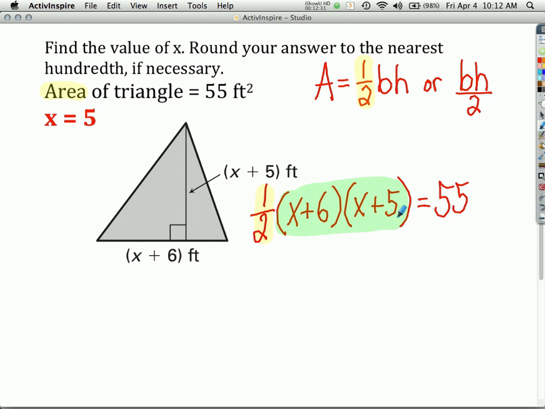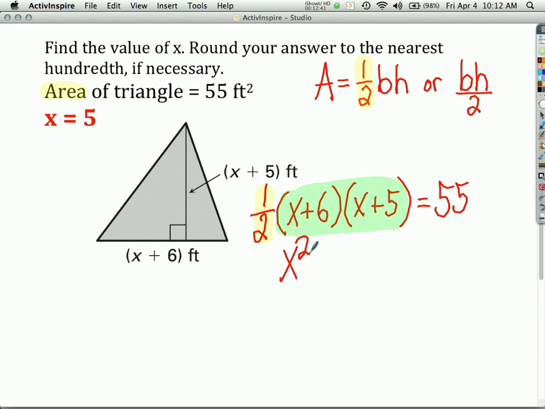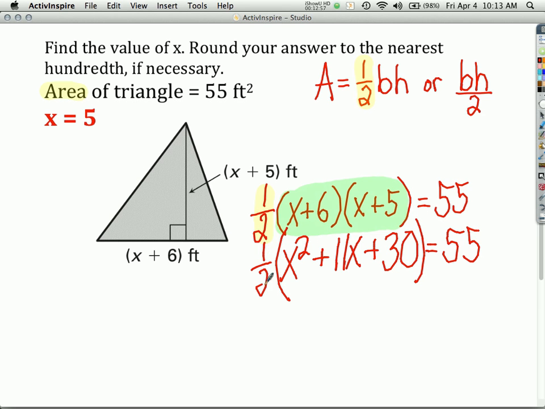In fact, you should be so good at it at this point that it should take you like 5 seconds. First terms, x squared. Outer is 5x, inner is 6x, add them together, you get 11x. And then the last terms, plus 30 equals 55. But again, you cannot neglect the 1/2.